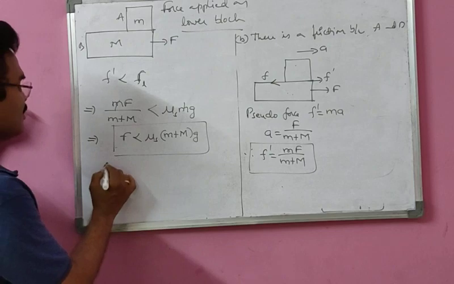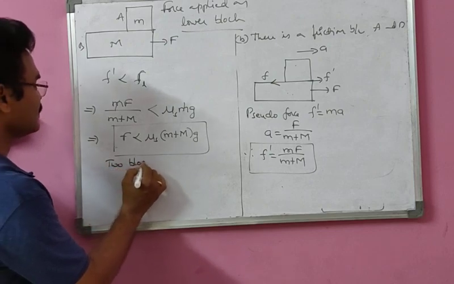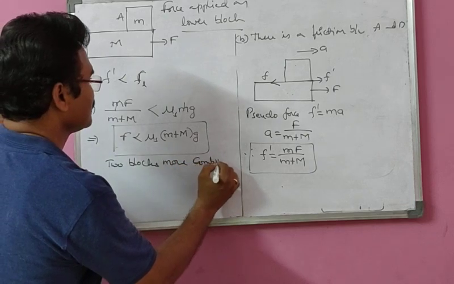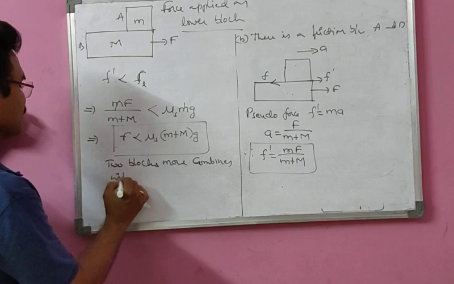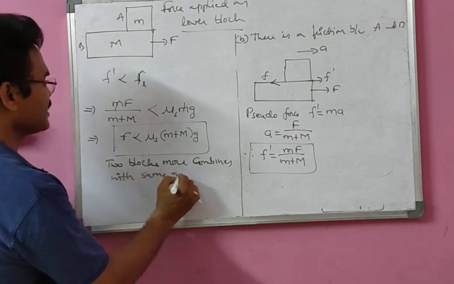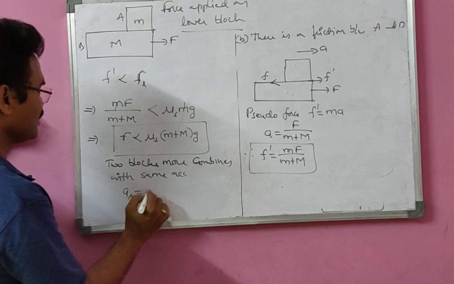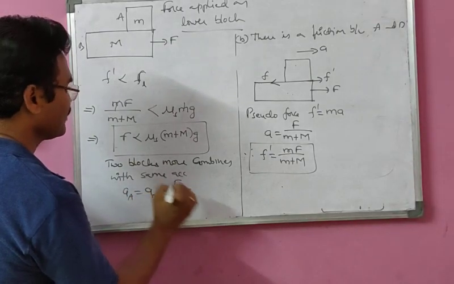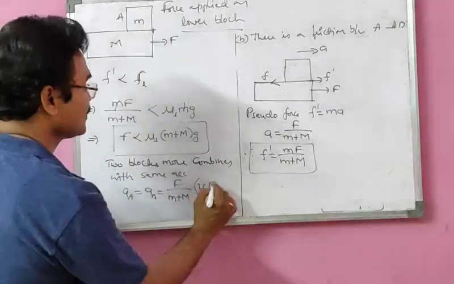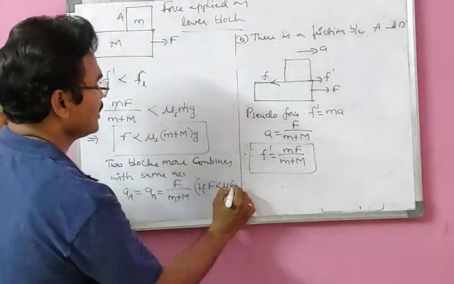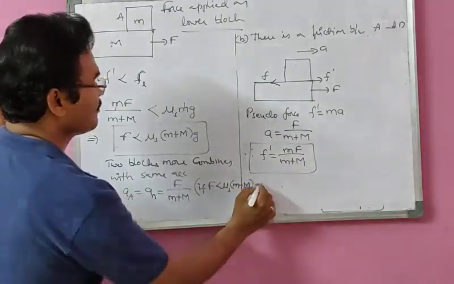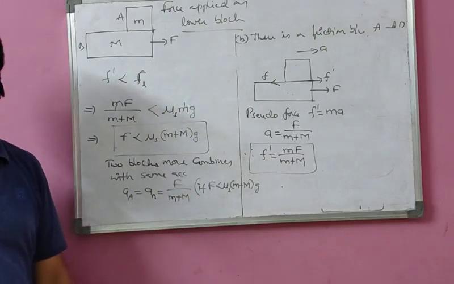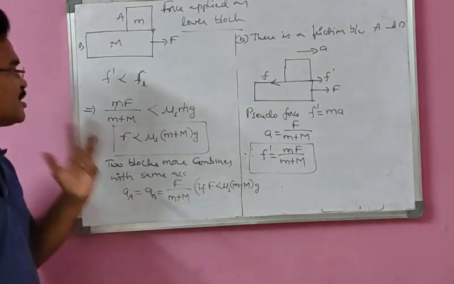That means the two blocks move combinedly with the same acceleration, that is AA equal to AB equal to F by M plus M, and the condition is F less than mu S of M plus M g. If this condition is satisfied, then only these two blocks will move together. Okay, so this is the second case.